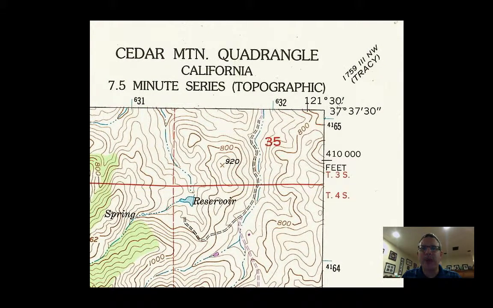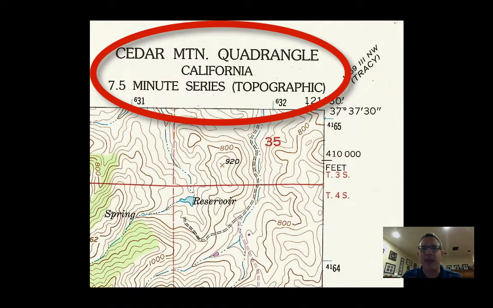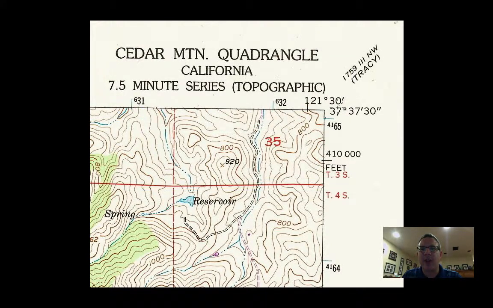So when we start to break down the topographic map and look in the different corners, there's a tremendous amount of information given on these maps. In this particular one, it's called the Cedar Mountain Quadrangle in California. That's the title of the map. And underneath it, it says 7.5 minute series. So what that says is the map is 7.5 minutes wide and 7.5 minutes high.